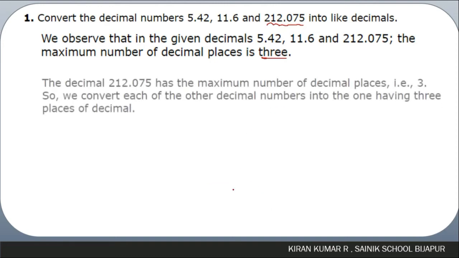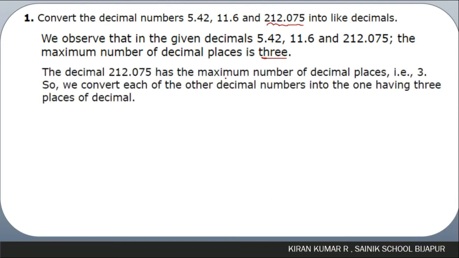The decimal 212.075 has the maximum number of decimal places, that is 3. Now we convert each of the decimal numbers into one having 3 decimal places.